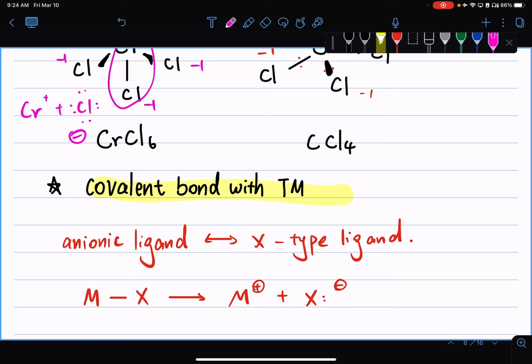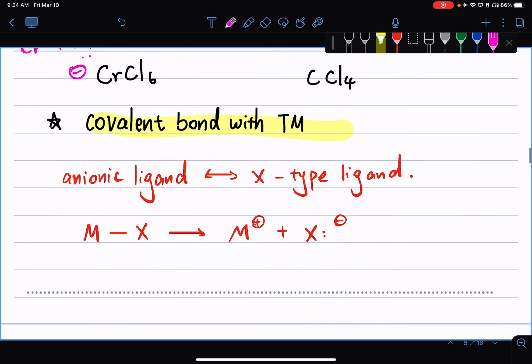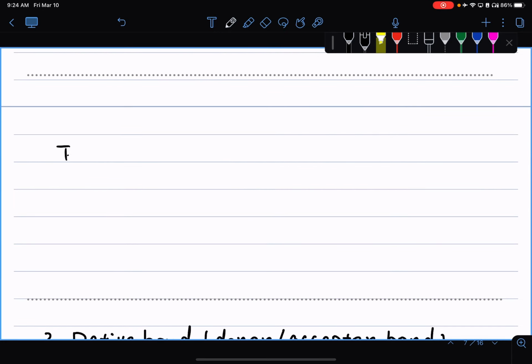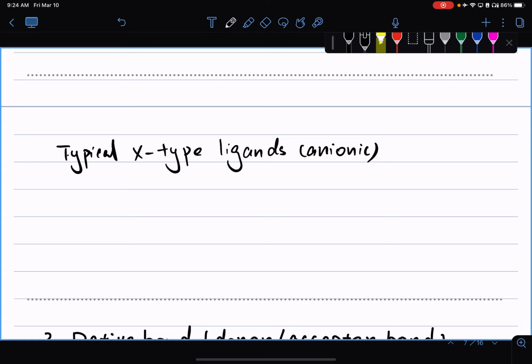Typical examples of anionic or X-type ligands are fluoride, bromide, chloride, the halogens, cyanide, and OH minus.